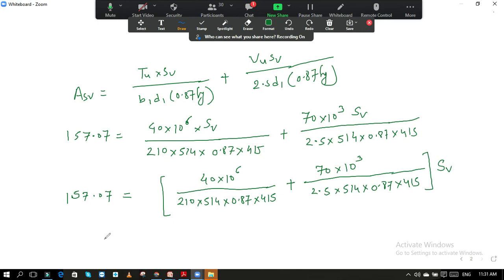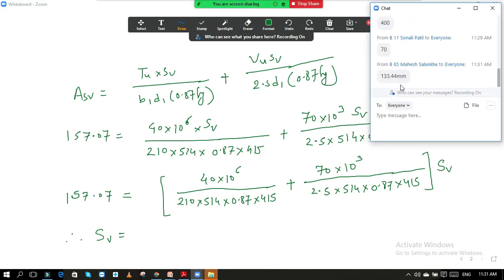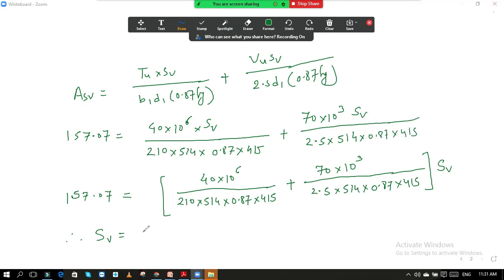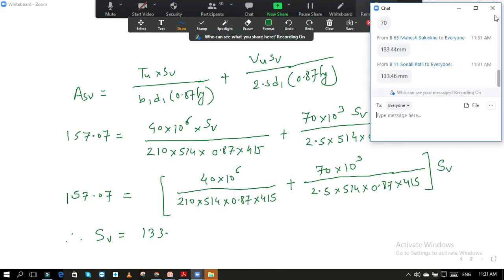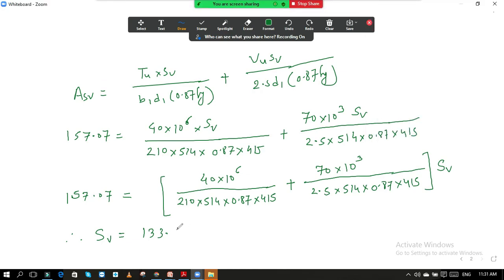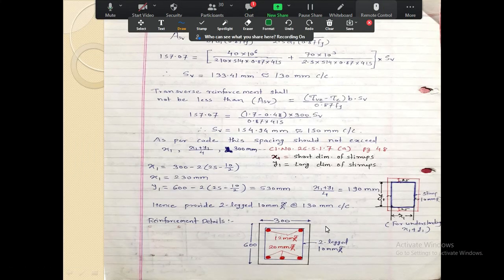SB means spacing of stirrups. So therefore, SB is equal to, calculate the spacing now, 133.44. Good, okay. So it is 133.44 mm, which we can round it up to 130 mm center to center. Okay, but we have to also follow the clause of minimum transverse reinforcement.